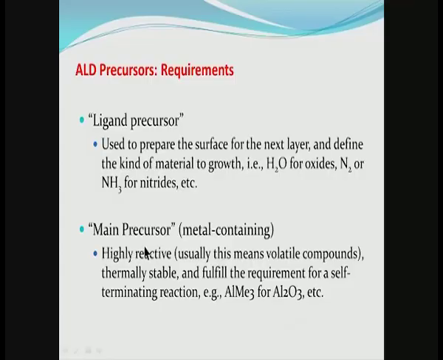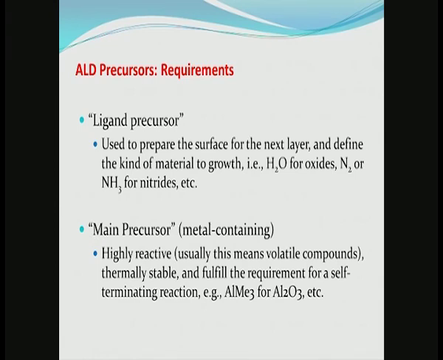Therefore, it is important to identify the main precursor, or the metal precursor, that is required for a given process. These precursors have to fulfill the requirement for a self-terminating reaction, such as trimethyl aluminum for Al2O3, as we have seen earlier. So, these are pretty stringent requirements for identifying ALD reactants for a particular material.